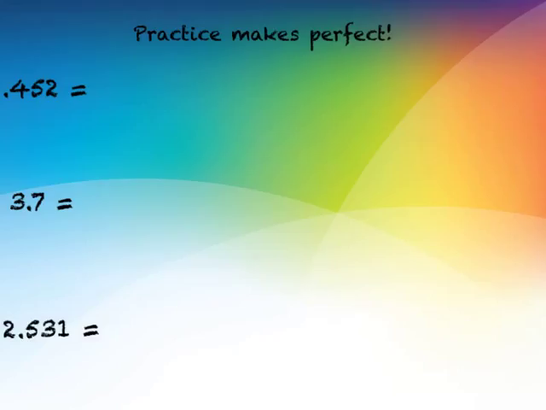0.452 or 452 thousandths. When I write this number in expanded form, I'm first going to take care of the 4. 4 times 1/10 will give me the 4/10ths I need for this decimal.